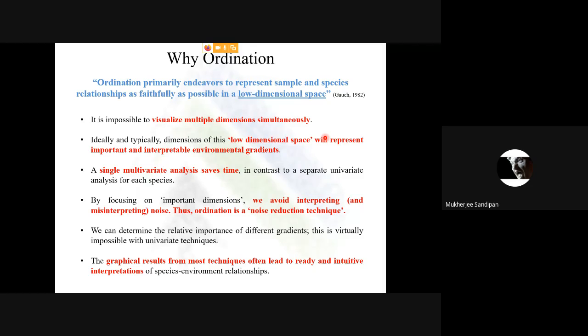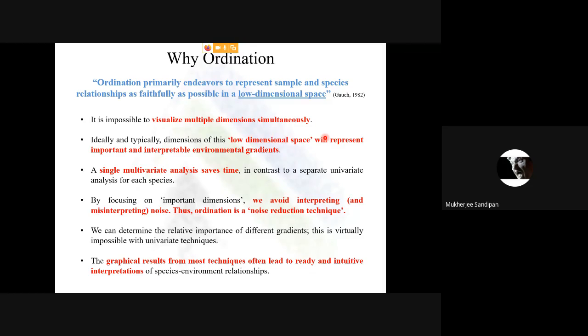Very crudely, degrees of freedom represent the number of parameters that you need to define a process, and in natural systems, these can be large numbers. So we cannot simply visualize data in n-dimensional space. We need to reduce the dimensionality to a low dimensional space, and that is what we do using ordination methods.